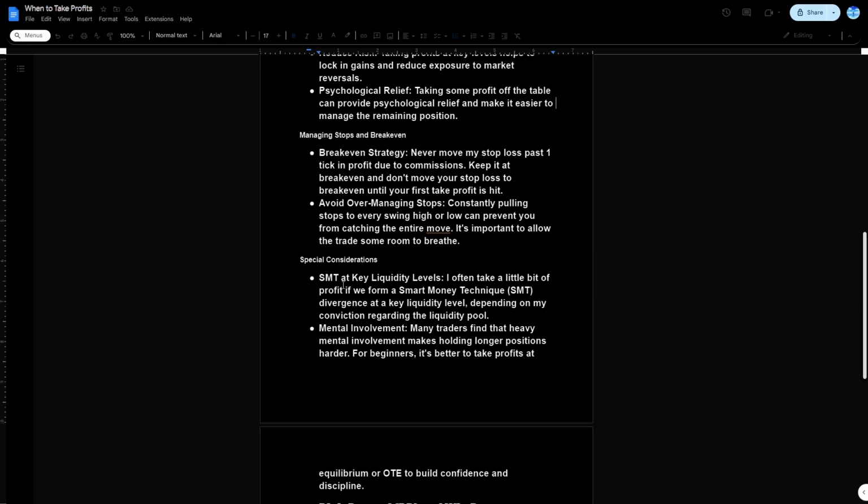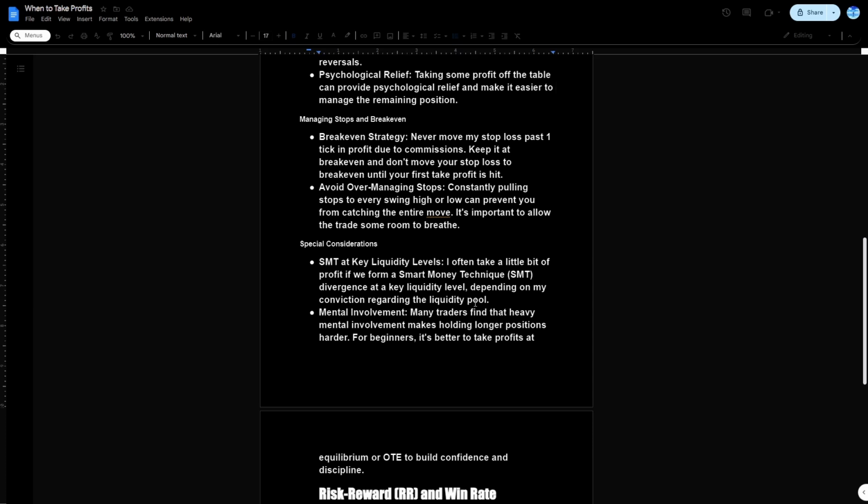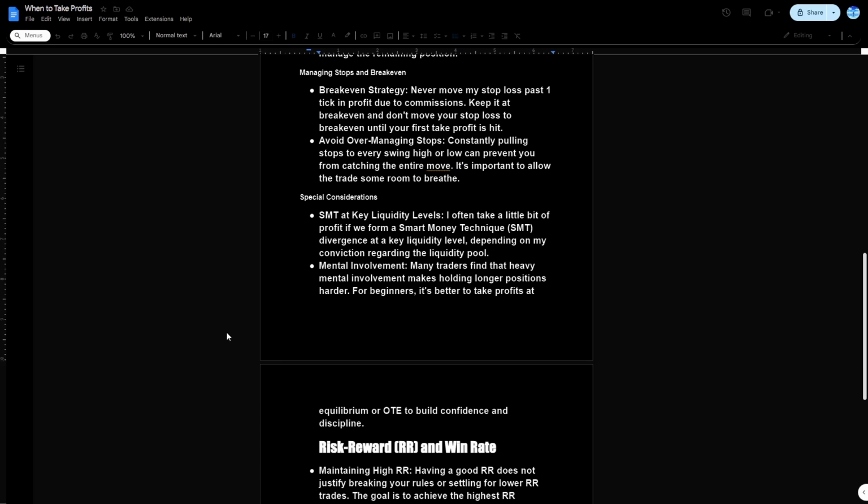Special considerations are SMTs at key liquidity levels. I often take a little bit of profits if we form an SMT at a key level, depending on my conviction regarding the liquidity pool. A lot of traders also find that it's very mentally involving to move your stop and profit, or just even trade in general, and constantly move your stop loss.